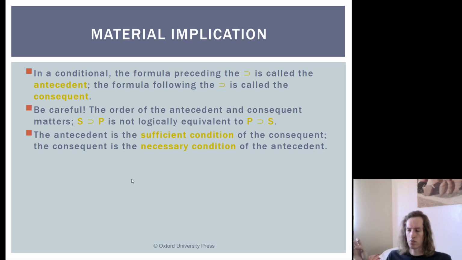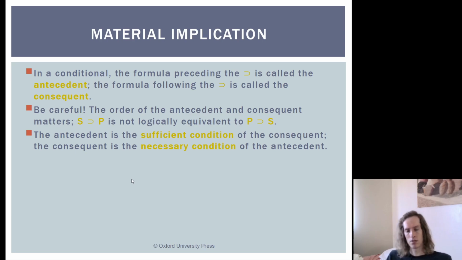So the four sides example is a situation in which a condition can be necessary but not sufficient. But it's also possible for conditions to be sufficient without being necessary. So for example, I can say that being red is a sufficient condition of being a primary color. If something is red, then it is a primary color.